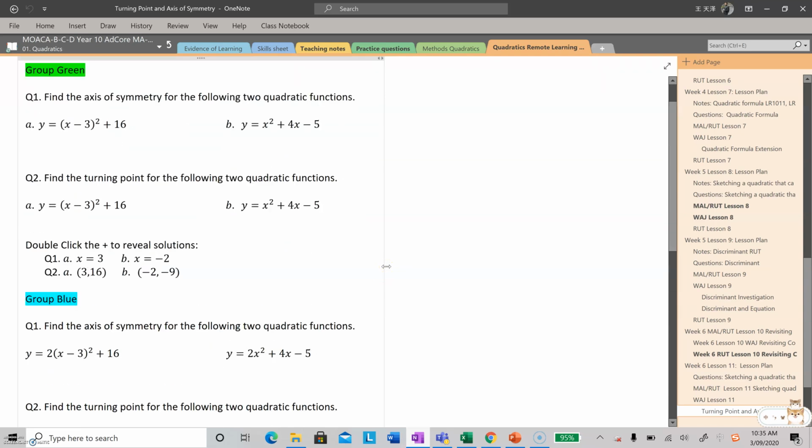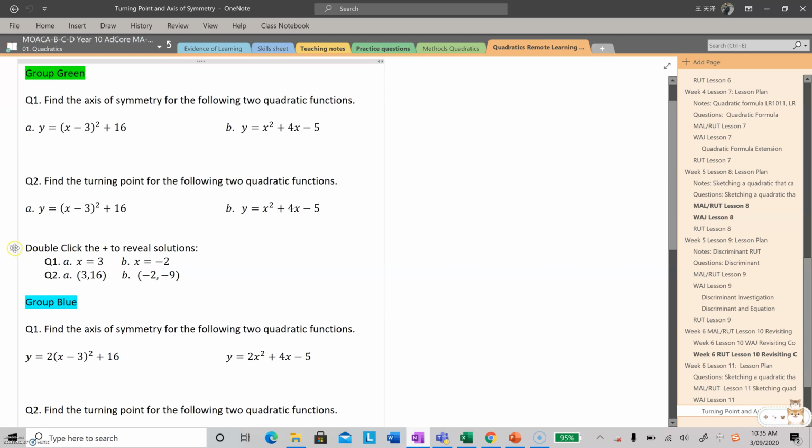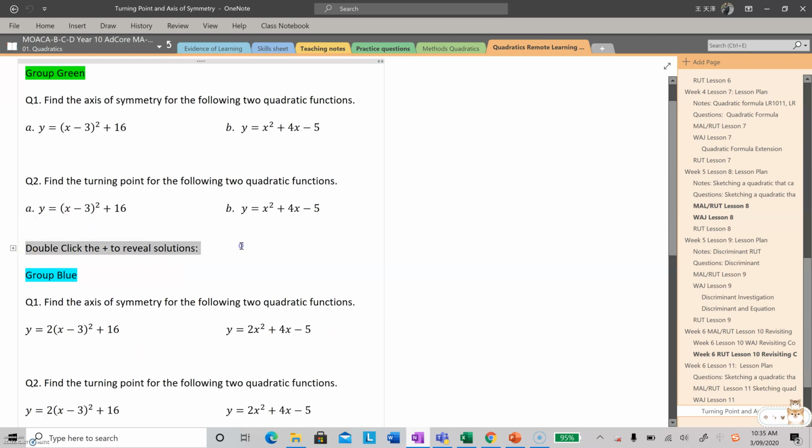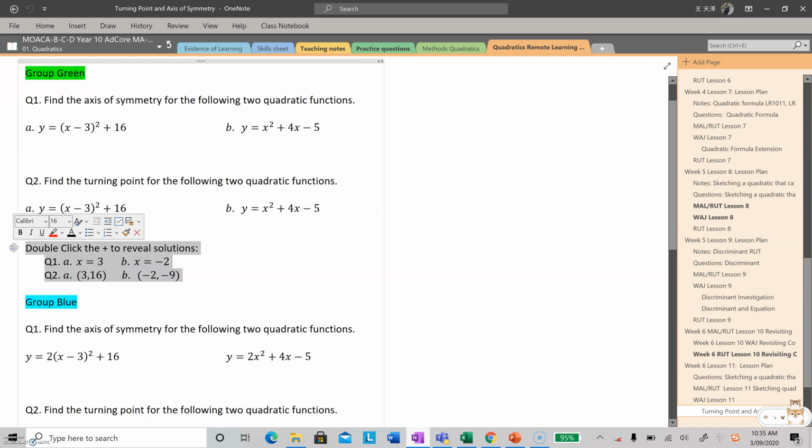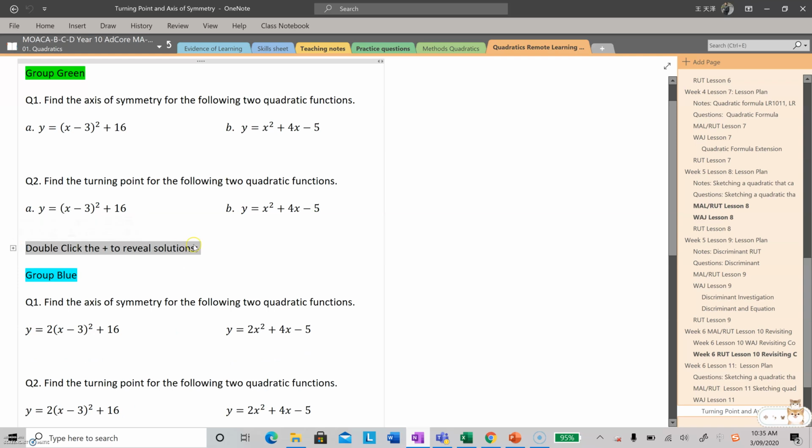Check which group you are in, and then choose the most appropriate level of difficulty for yourself. Once you finish the questions, you can double click the plus sign here to review the solutions. Otherwise, they are hidden.